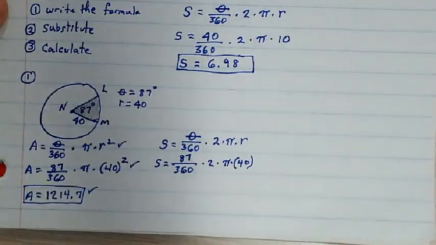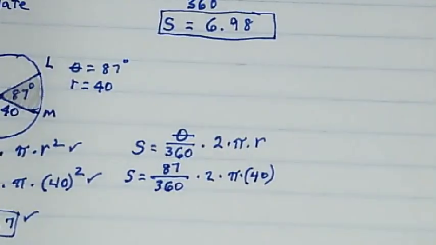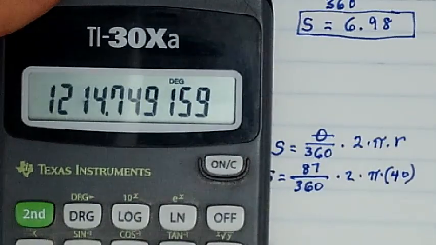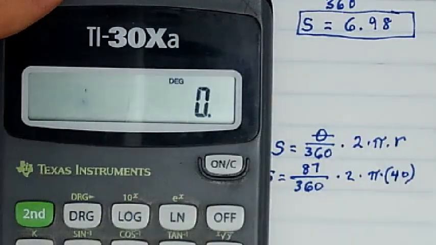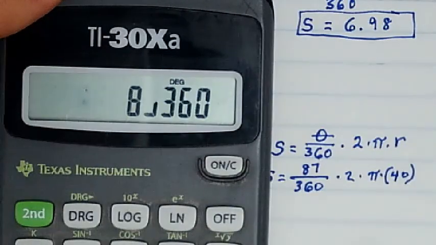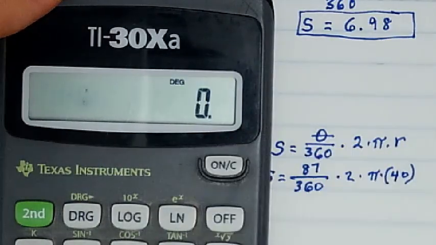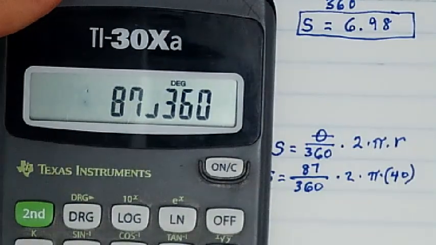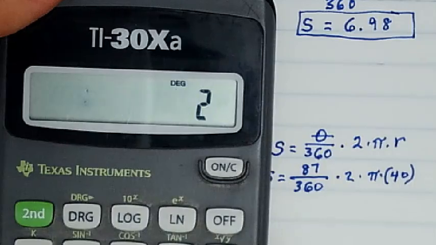So we're going to take that calculator again, and we're going to do the 87 ABC 360. Then we're going to multiply it by 2. Then we're going to multiply it by, you have to hit times and hit the pi.